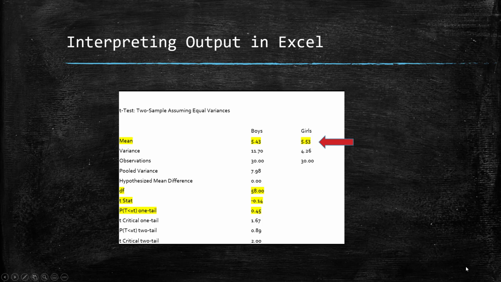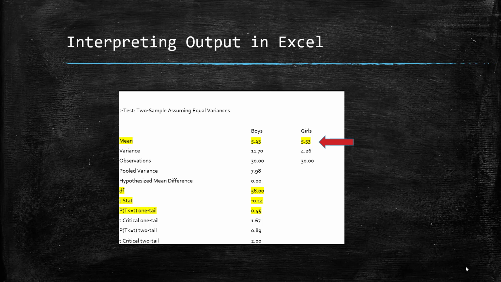Now, when you get to your Excel, this is what the sample output is going to look like. And again, I walk you through the Excel in the next two videos, but this is what the sample output is going to look like. So you actually get the means here, and you have 5.43 for the boys, 5.53 for the girls. You're going to run your descriptive statistics first, just because that's what we always do.